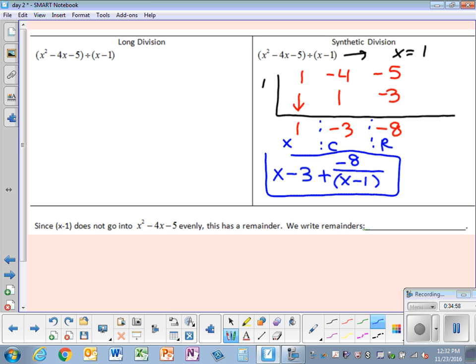Okay. So just remember here in your denominator, you need to write the factor. Okay? Don't write the 0, write the factor.